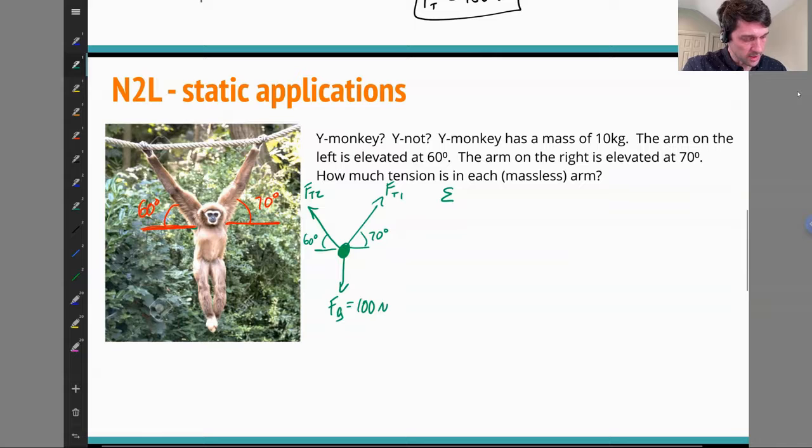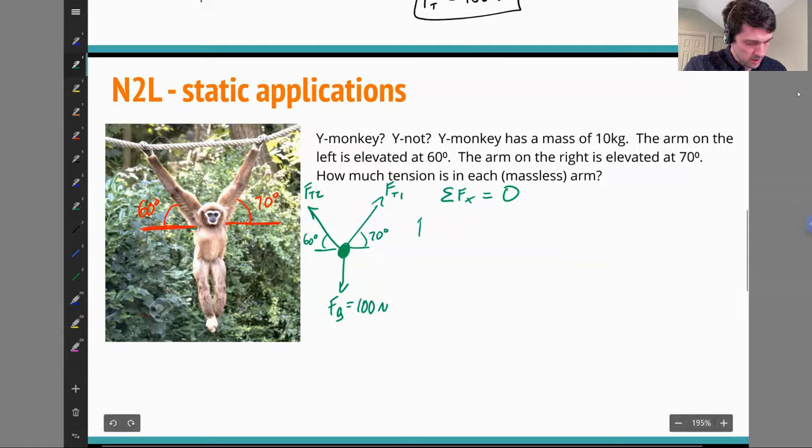So I'm going to say that the sum of the forces in the X direction is 0, which is another way of saying the net force is equal to mass times acceleration, which in this case is 0. With the recognition that the net force is 0 in the X direction, I need to figure out what my forces in the X direction are.